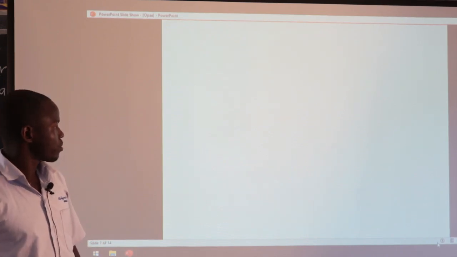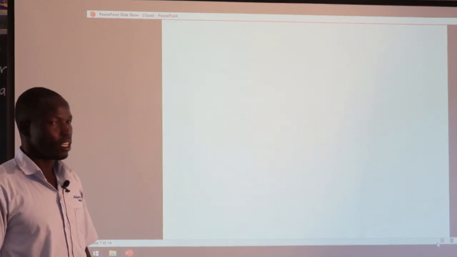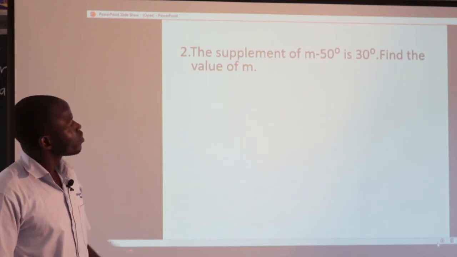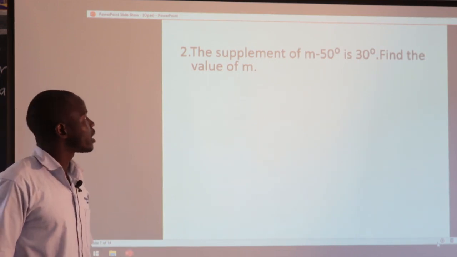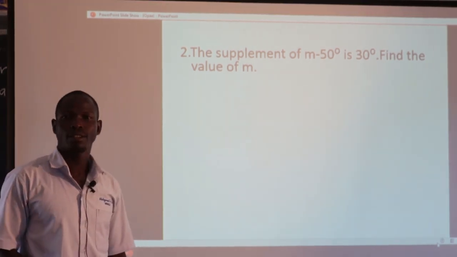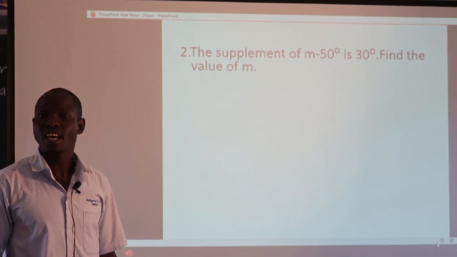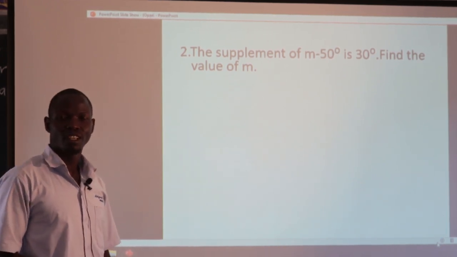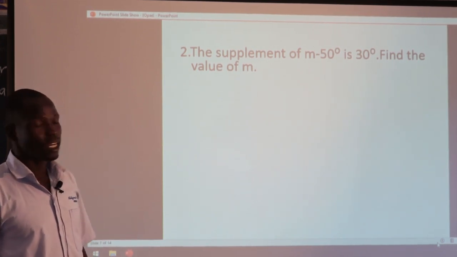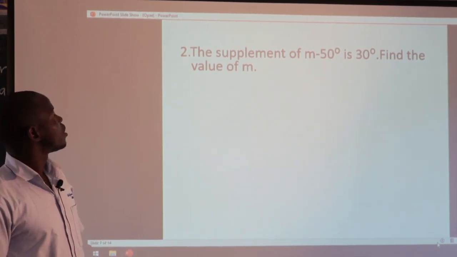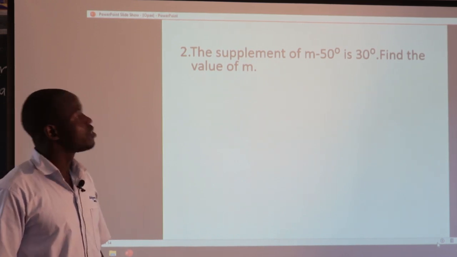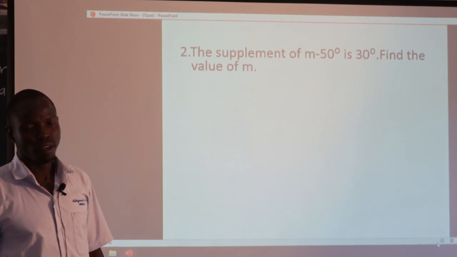So the two angles are given in the question. Our two angles in this case, which are supplementary by definition according to this question, one of them is m minus 50 degrees, and the other one is 30 degrees. That's what the question means. When answering such a question, we say, since the supplement of m minus 50 degrees is 30 degrees, find the value of m.